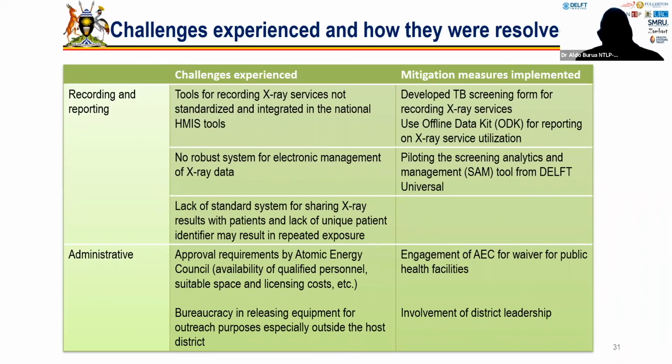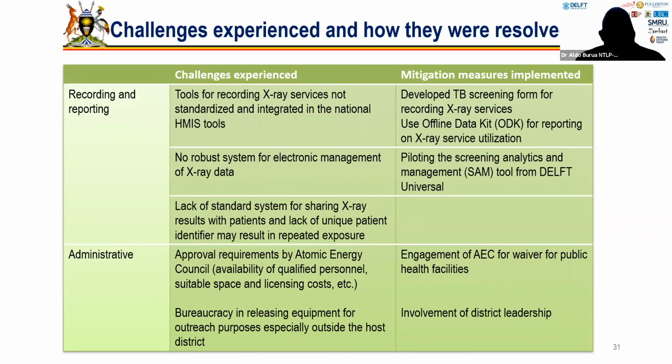Then there are also administrative challenges, especially to do with the approval requirements by the Atomic Energy Council. Since this equipment is a radiation-emitting device, it requires approval by our local regulatory agency, the Atomic Energy Council. But because this equipment is placed at public facilities, there are costs involved in getting licensed, and often it's a challenge for the facilities to provide this money, which is required annually for certification.